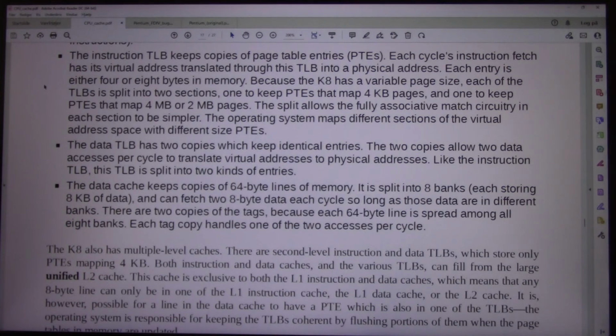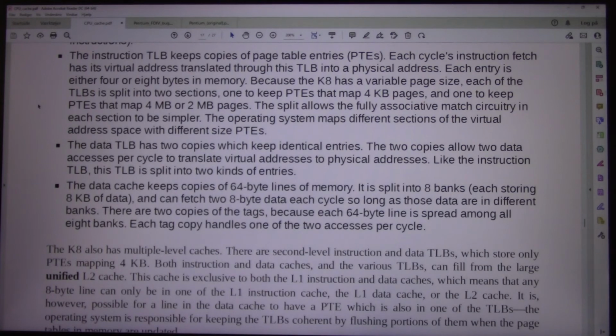Because the K8 has a variable page size, each of the TLBs is split into 2 sections, one to keep PTEs that map 4 kilobyte pages, and one to keep PTEs that map 4 megabyte or 2 megabyte pages. The split allows the fully associative match circuitry in each section to be simpler. The operating system maps different sections of the virtual address space with different size PTEs.